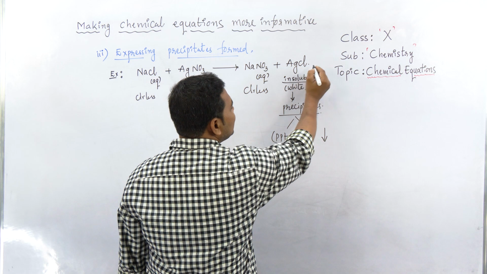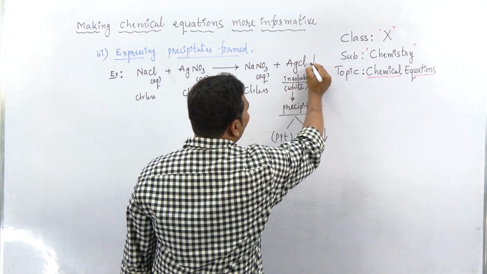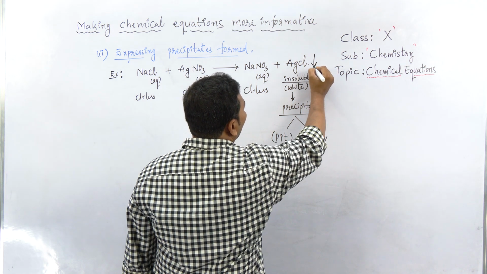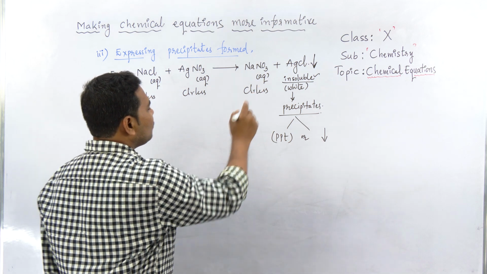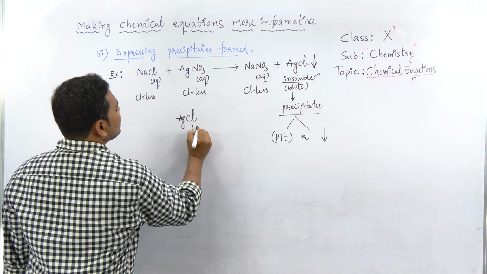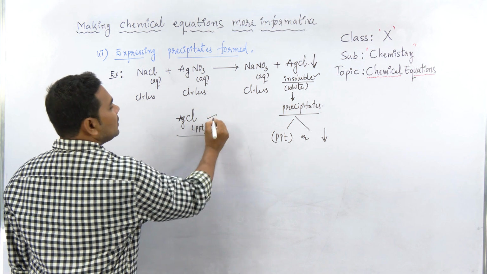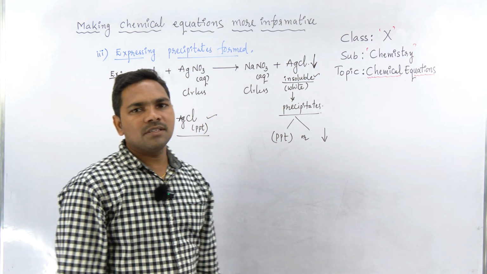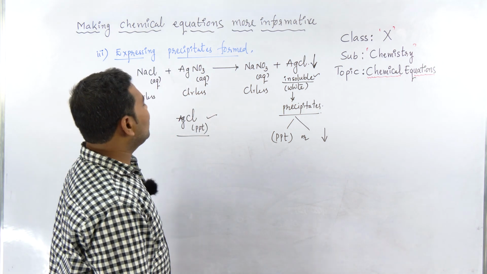So here, since AgCl is a precipitate, I write a downward arrow. Or else we can write AgCl formed as PPT, representing an insoluble substance formed during this chemical reaction.